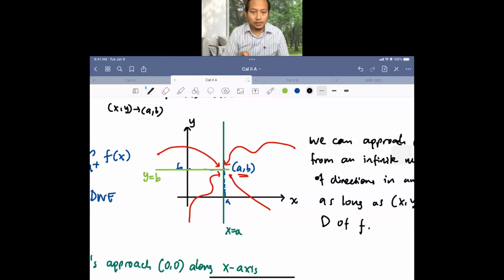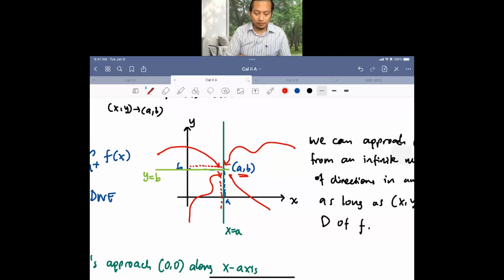If you let x equal a or y equal b, then we can get our limit results. So we can have one variable as a constant.